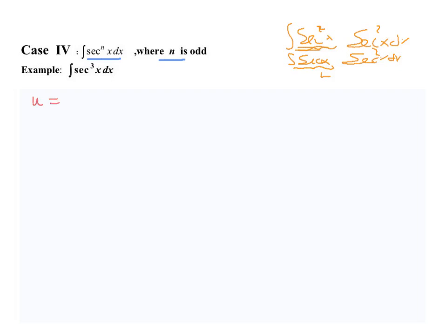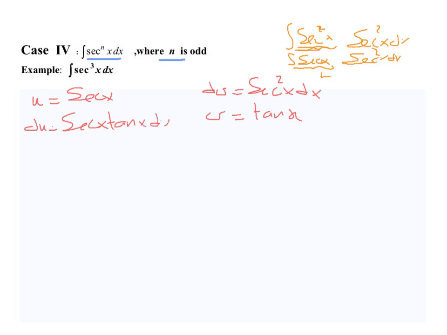So you take u as secant x and dv as secant square, because it is easy to integrate secant square. v is tan x, and du is secant x tan x dx. And then integration by parts.